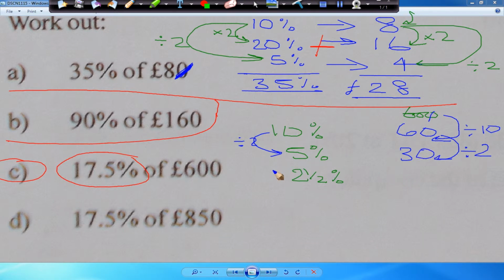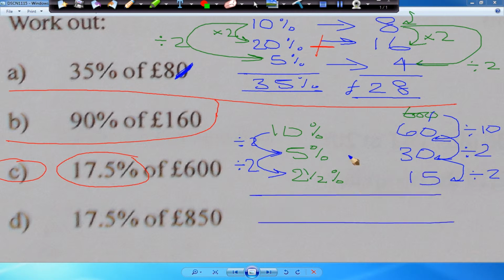Now, Ruqayya, from 5% to 2.5%, what do we do? Divide by 2 again. So you do 30 divided by 2 on this side. Okay. And then we add them all up.